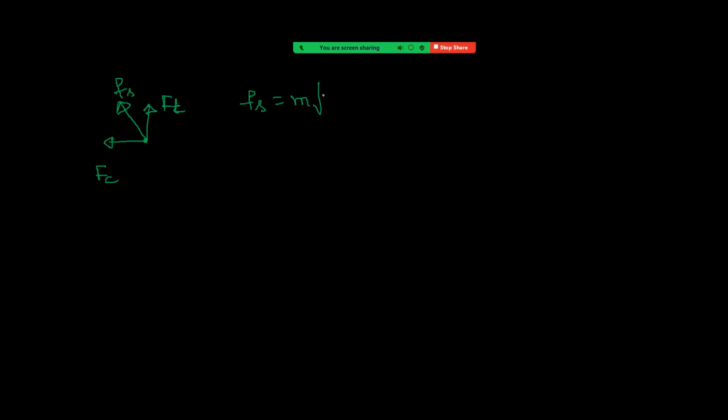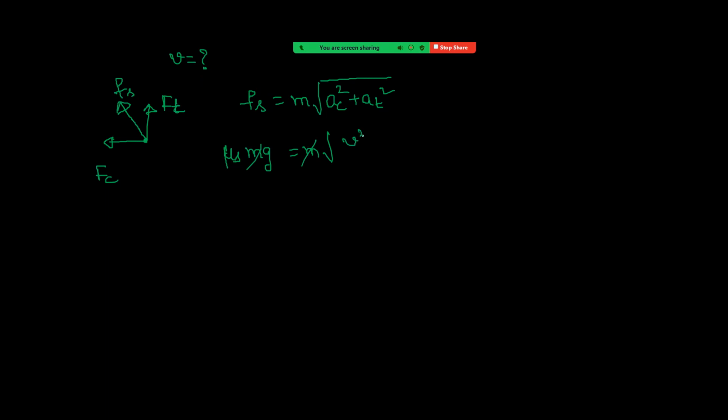So m into square root of AC square plus AT square. So now I am writing here, we have to find the speed, right, at which the vehicle starts skidding. That means friction must be at its limiting value, which is equal to mu s into normal reaction. And normal reaction equal to mg. So m gets cancelled.